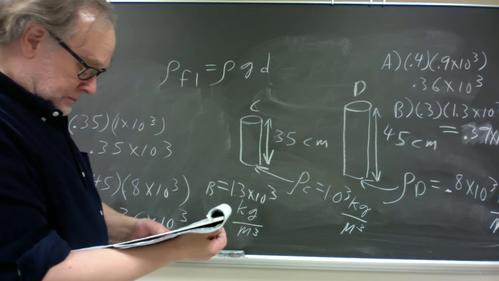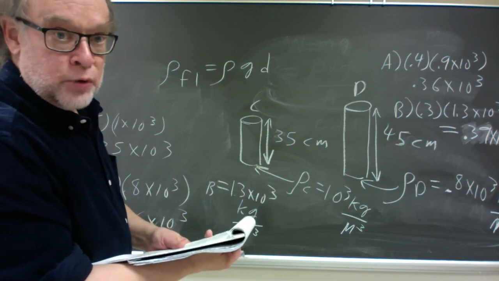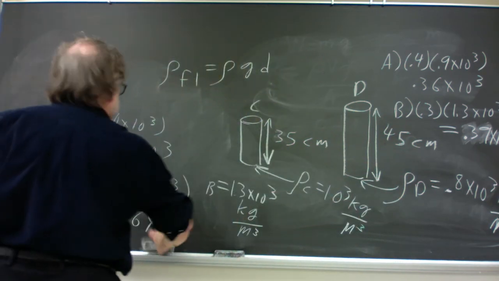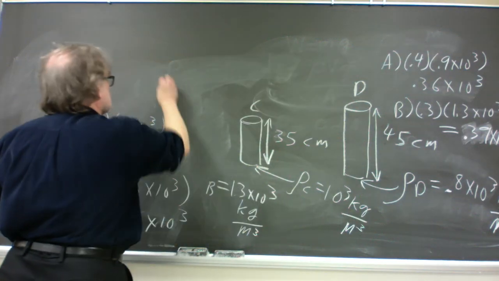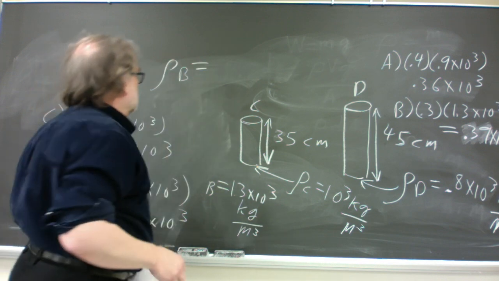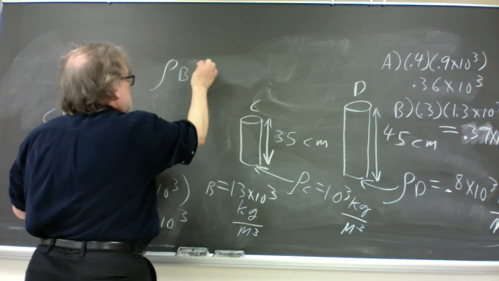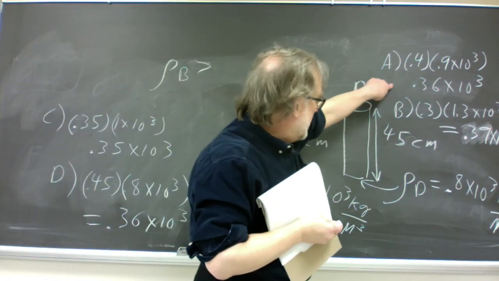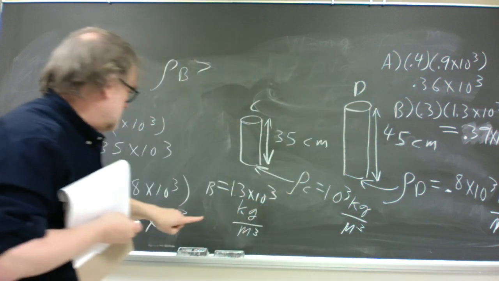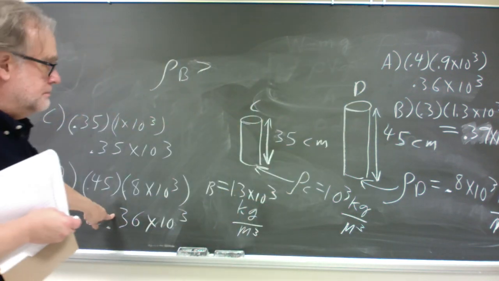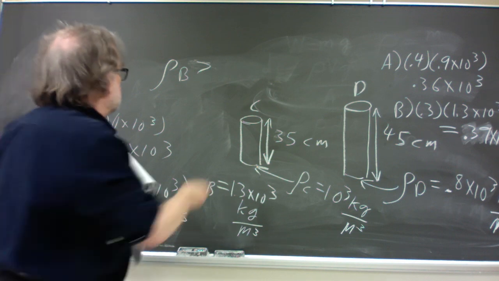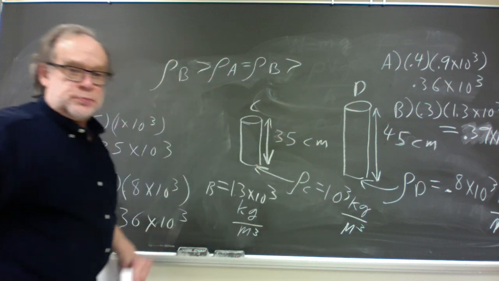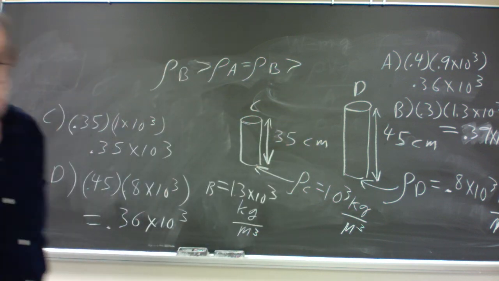The biggest pressure is B. And then the next largest pressures are both A and D. They're both 0.36. And the smallest pressure then is C, 0.35.